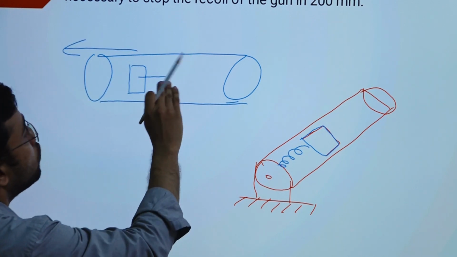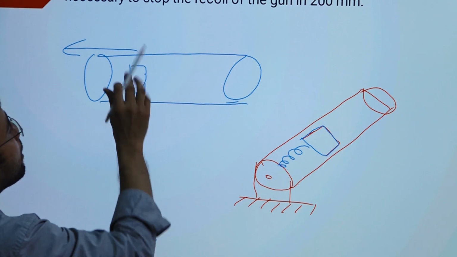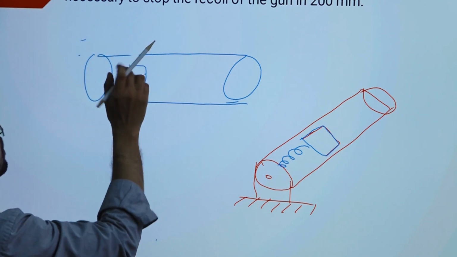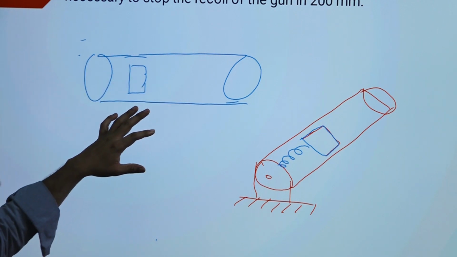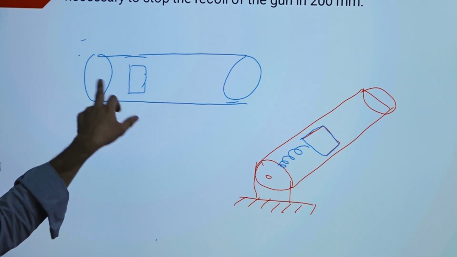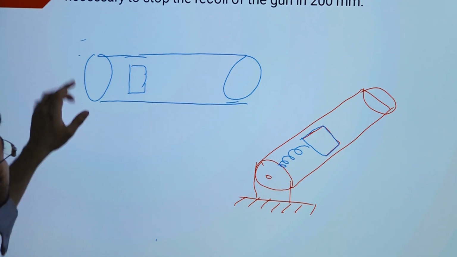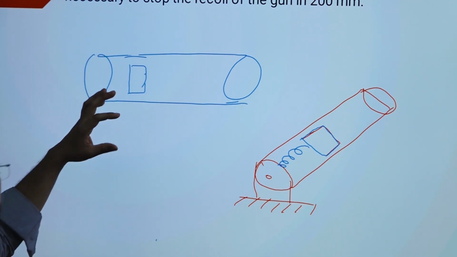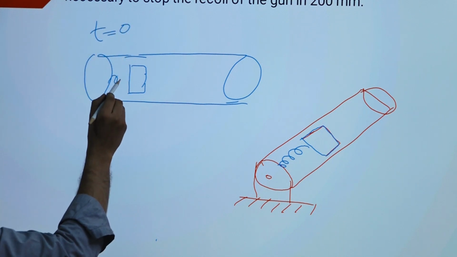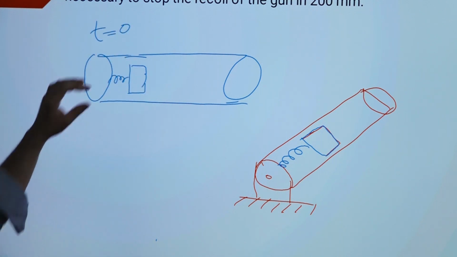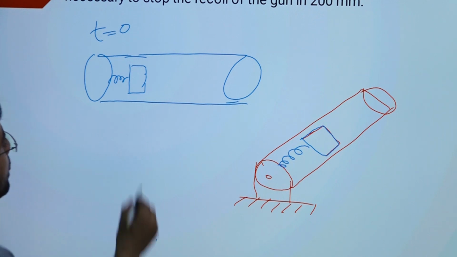How? Let us see again. Initially this whole thing is static, right? This shell is not moving and this gun is also not moving, but now because of some external effect, at t equal to 0, suppose we have this spring and we just release the spring. What will happen? The shell will move outside.